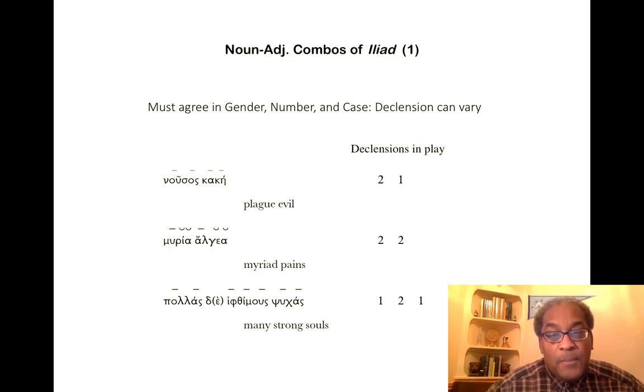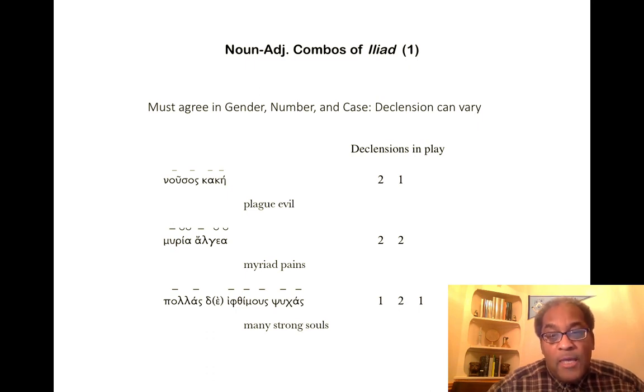Polias iphthimous psuchas, we see that polias and psuchas are accusative plurals of the first declension feminine, but iphthimous looks like a second declension accusative plural form, because there the feminine and the masculine share the endings.